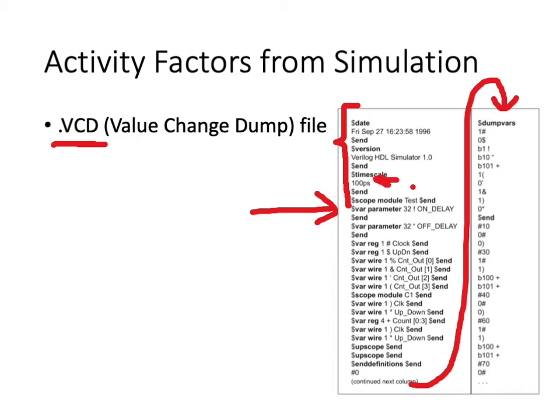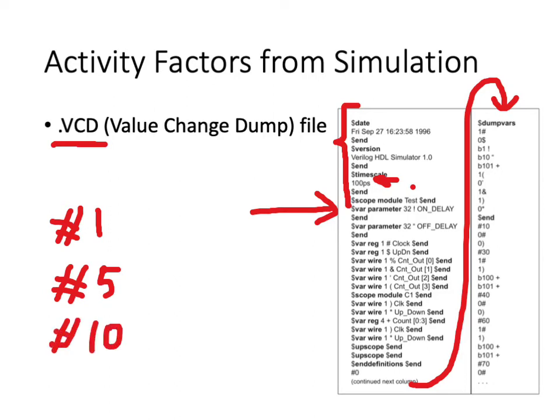In this case, it's 100 picoseconds, because in the later part of the .vcd file, any transitions on individual nets are given in terms of the number of clock ticks, let's say given by #1 or #5 or #10. So #1 means after 1 clock tick, #5 means after 5 clock ticks, #10 means after 10 clock ticks. And 1 clock tick is equivalent to the value 100 picoseconds specified in the time scale. So that part is important.